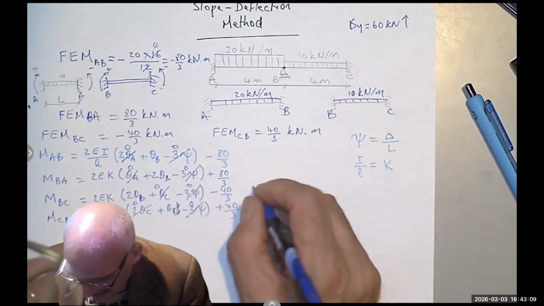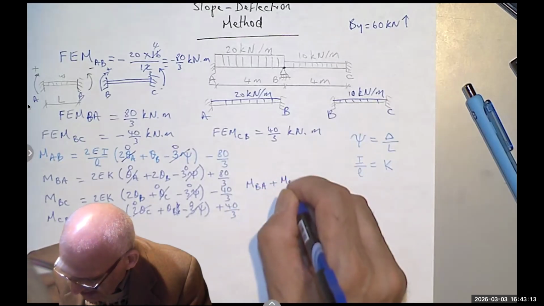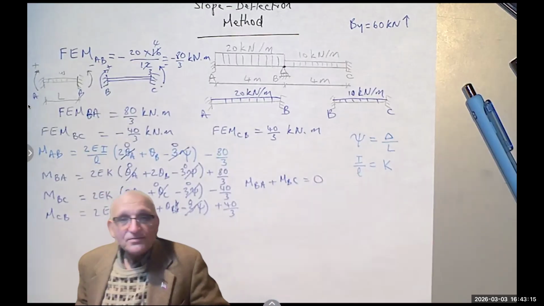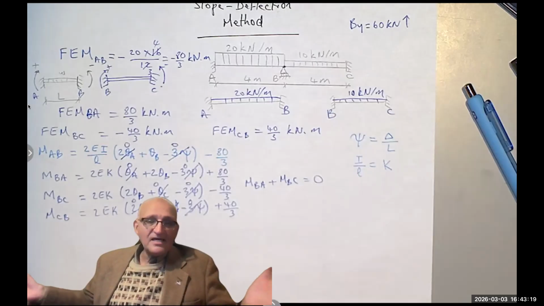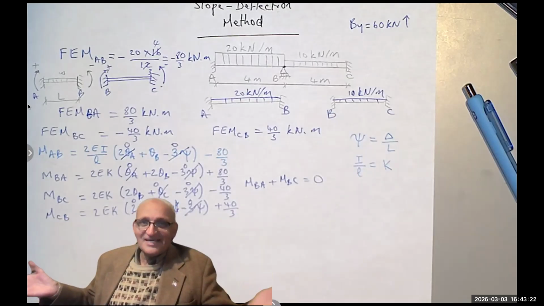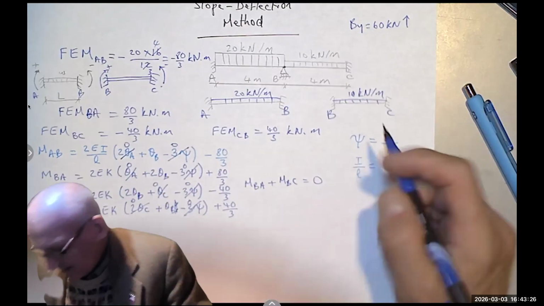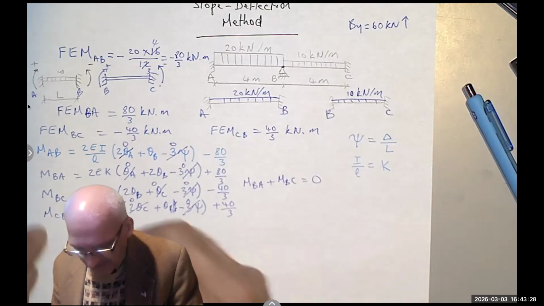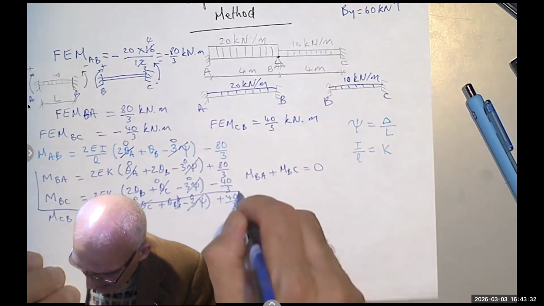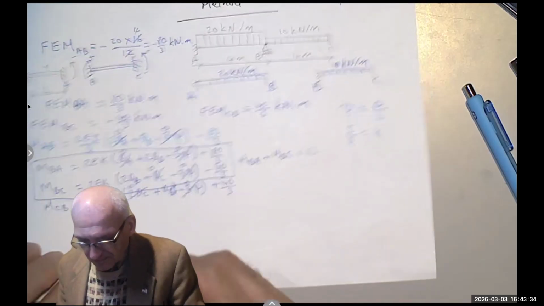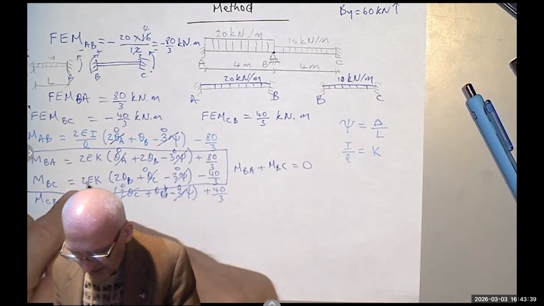So I can say now that MBA plus MBC always equals 0. One of them would be positive, the other is negative, but they have to be the same, or else the beam will turn. Okay, so let's do that math. If I add these two lines together, MBA plus MBC, notice I have 2EK theta, 2EK theta.